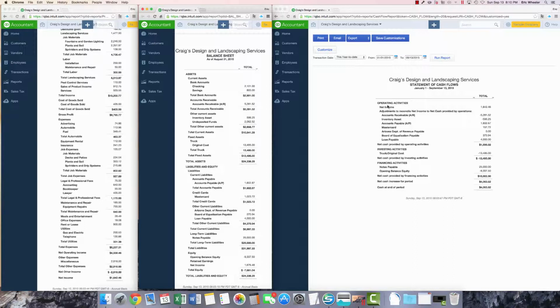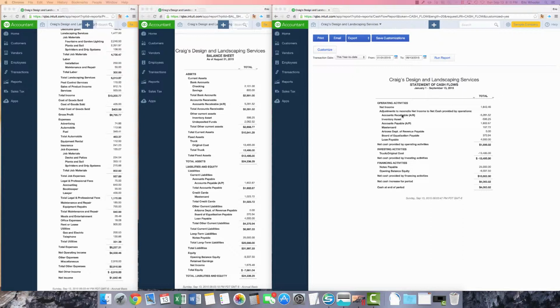If you take a look here, the net income is your first line item on the statement of cash flows, and then we have adjustments to reconcile net income to net cash provided by operations. And what this means basically is that you have adjustments based on what is actually happening with your cash in your operation.